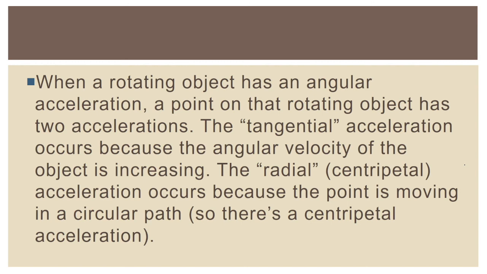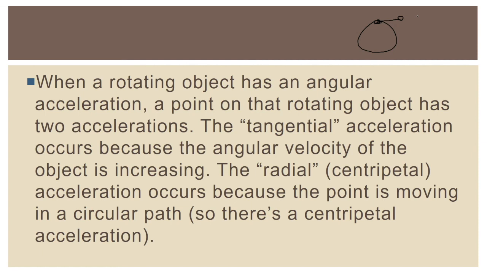The tangential acceleration, the acceleration tangent to the circle, occurs because the angular velocity of the object is increasing. And so that means it's going to have a velocity tangent to the circle, and that velocity is going to be changing. And so it will have a tangential acceleration as well. The point, though, also has a radial acceleration.